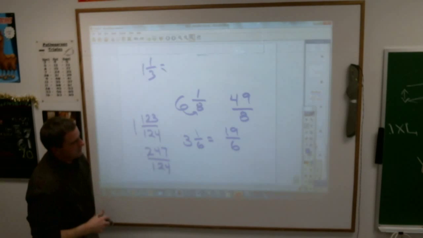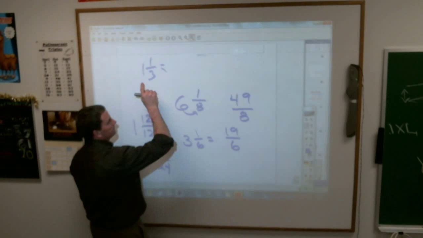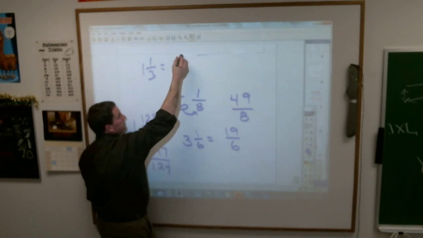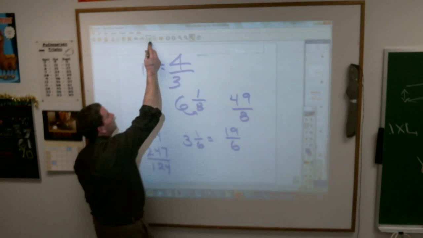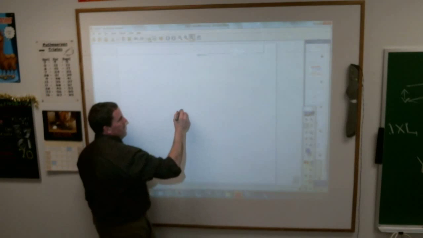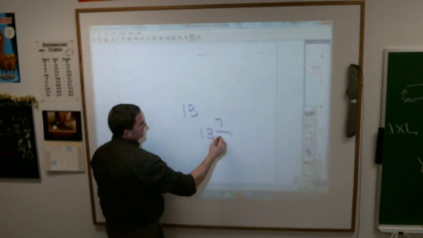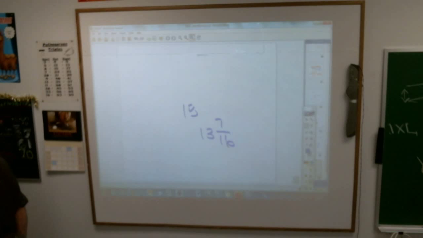What about 1 1/3 as an improper fraction, Madison Willman? 4/3. What about 13 7/16 as an improper fraction?